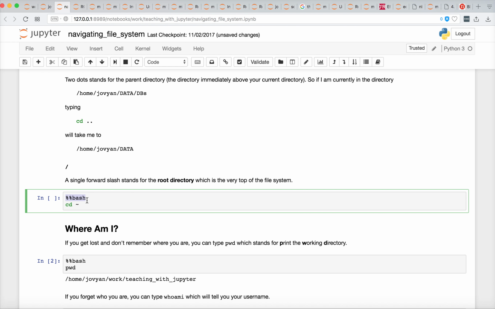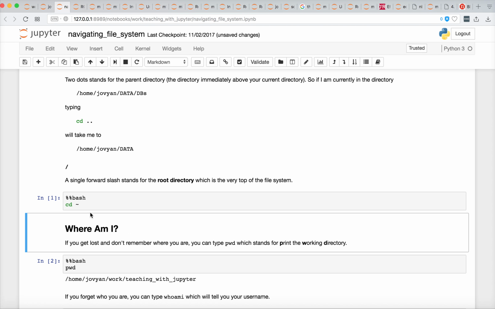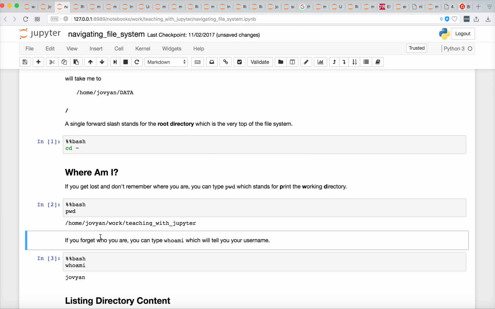So in this case, I've got a bash magic. And so this %bash is telling the notebook that this particular cell is going to be a bash shell, not a Python shell. And so I can execute a system command and get the output.